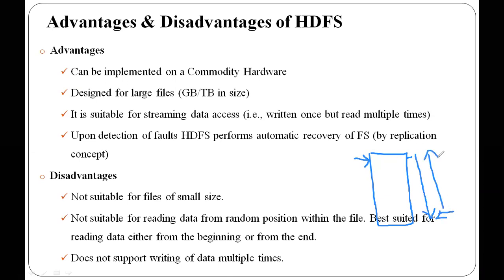The data cannot be read from the random position. It cannot be fetched from the random position. Either it can be read from the beginning or from the end. Then the third disadvantage is it does not support writing of data multiple times. As I said in the advantage part, data can be written only once.